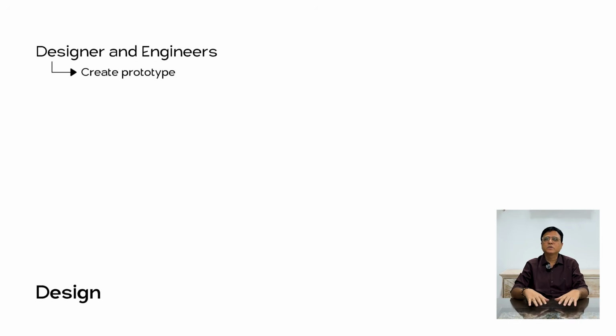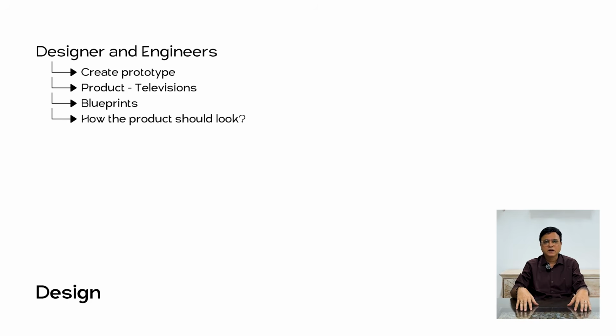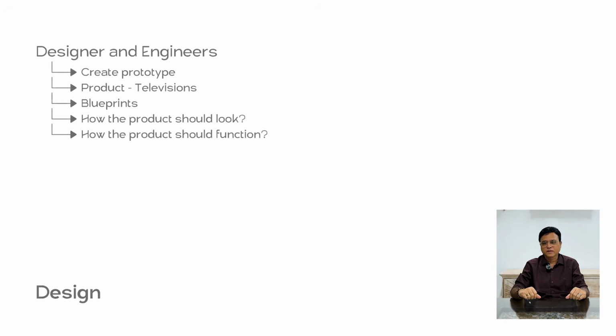First step is design. That is, designers and engineers create a prototype of the product, that is TV in this case, and also they make the blueprints of how this product should look and how it should function. That is step number 1, design.